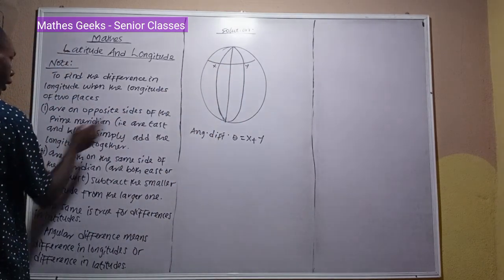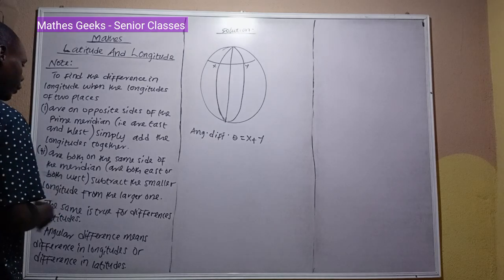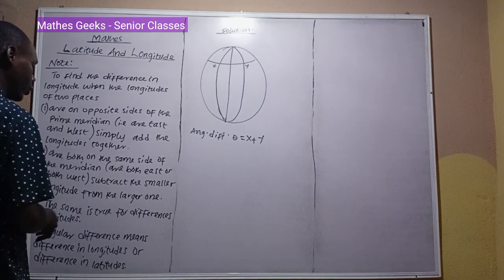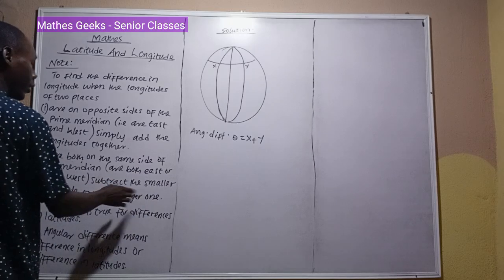But when both X and Y are on the same side of the meridian, that is both east or both west, you subtract the smaller longitude from the larger one.